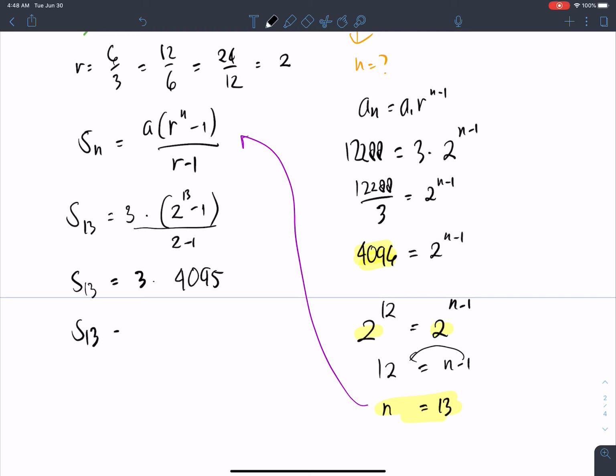So S13 will be 4095 times a1, which is 3. So we have 12285.